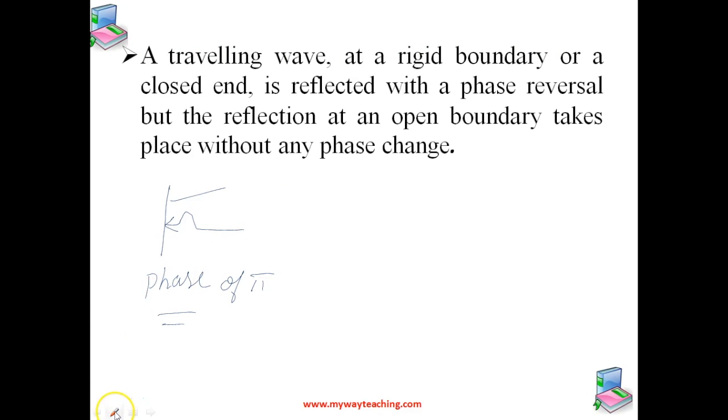So in order to summarize these two cases, we can say a traveling wave at a rigid boundary or a closed end is reflected with a phase reversal, but the reflection at an open boundary takes place without any phase change.